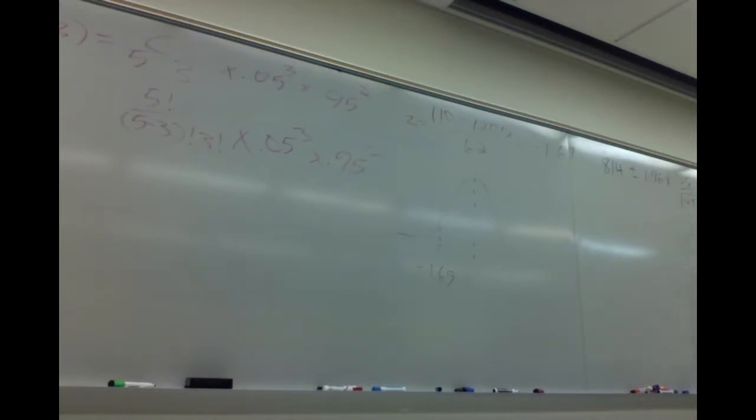So 40% plus or minus 1.96 times this. You do those numbers, it turns out to be 0.022. And remember, this is 2%.